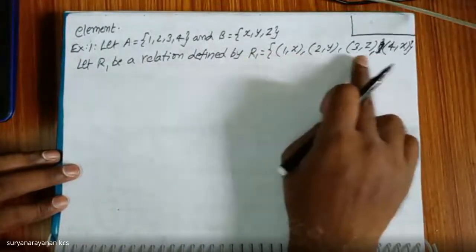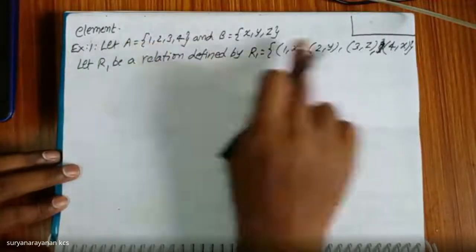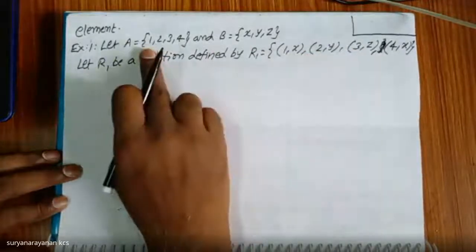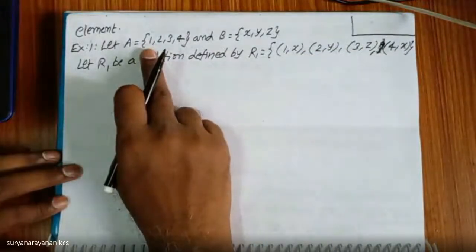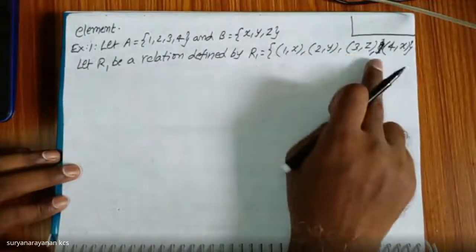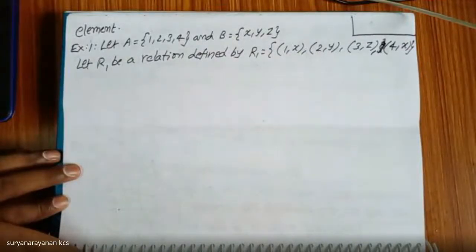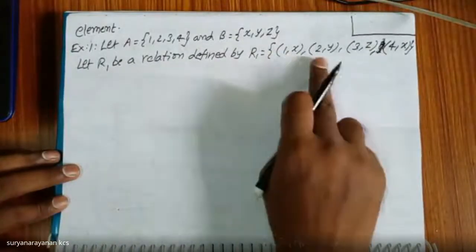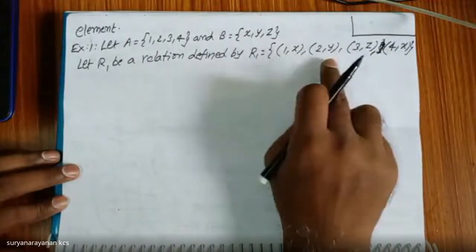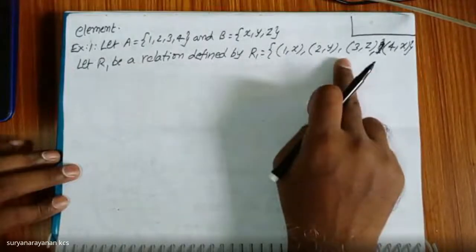So 1, 2, 3, 4 is nothing but set A. Yes or no? According to the condition, here the domain is set A. And do any two distinct ordered pairs have the same first element? Here 1, here 2, here 3, here 4. If you take any two distinct ordered pairs, they do not have the same first element.